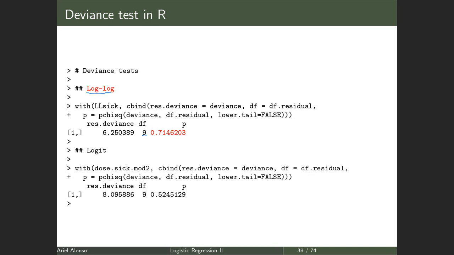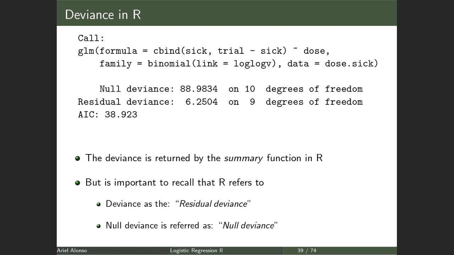Again, if you use the deviance test, like with the Pearson chi-square test, you get no evidence against your model. And when you use it with the logistic model, again, you get no evidence, but you see that the p-value is substantially smaller. So everything together, it seems that this one is doing a better job than the other.